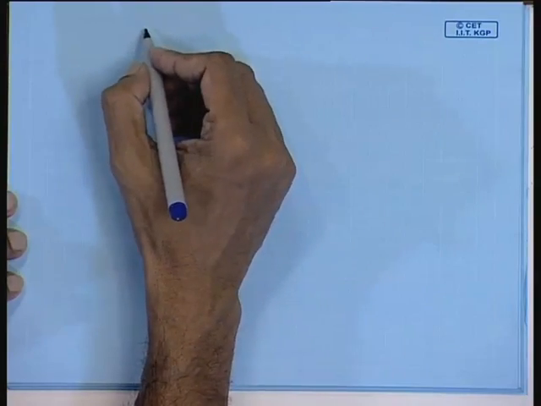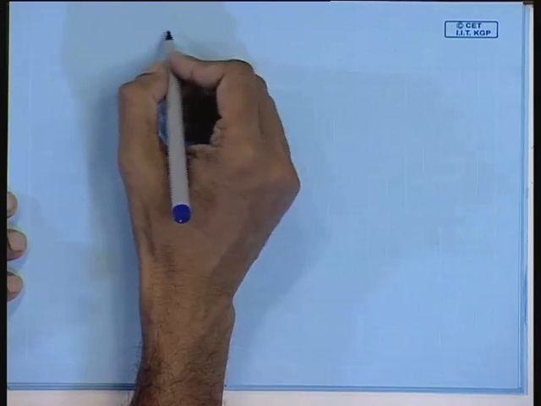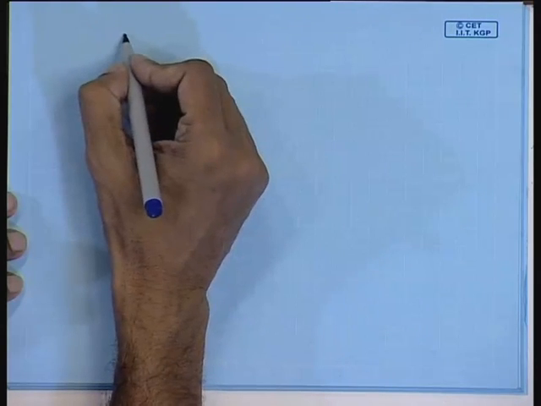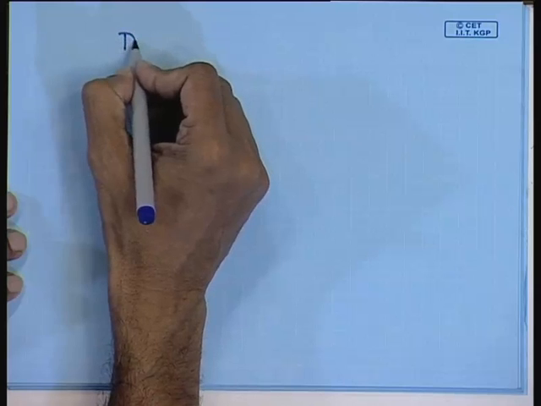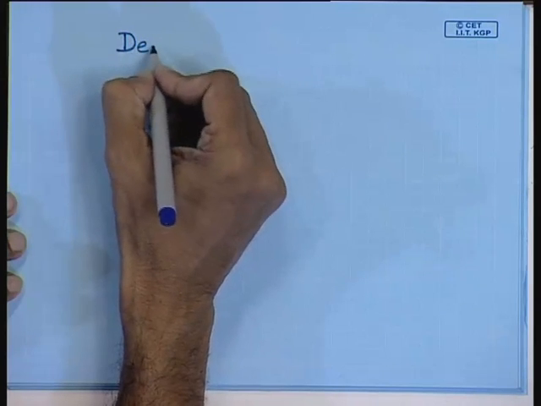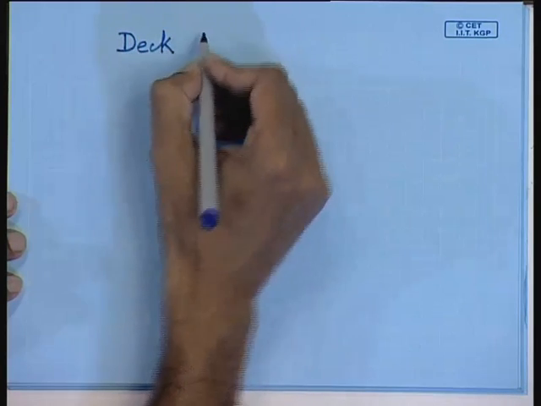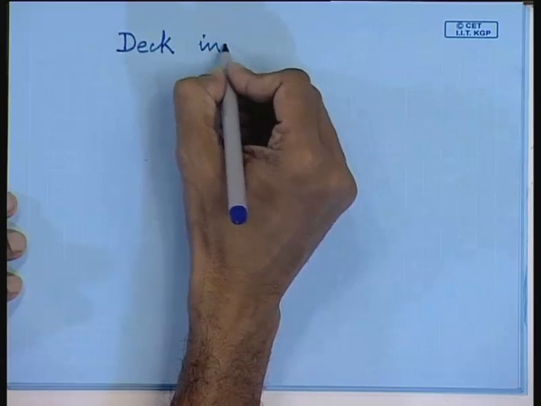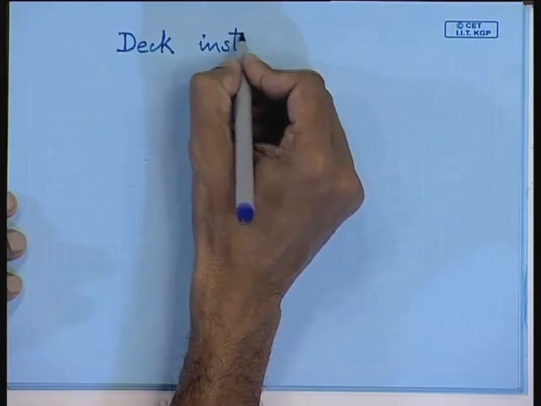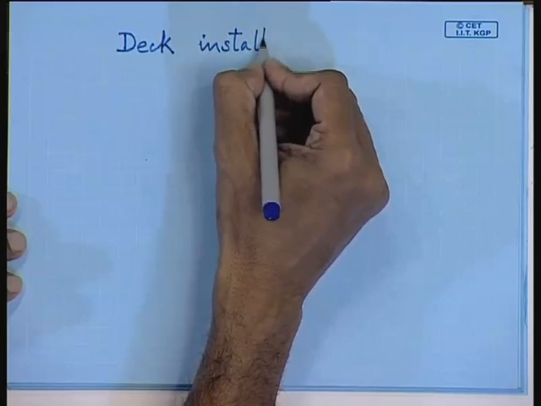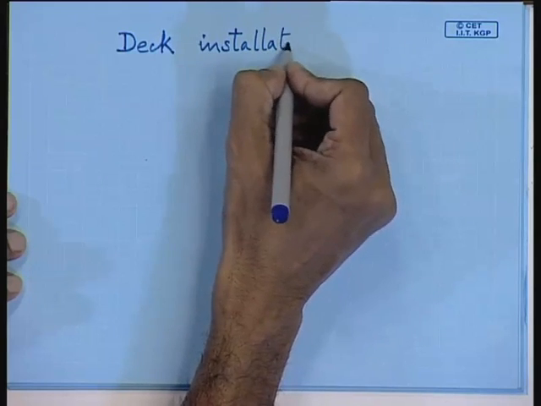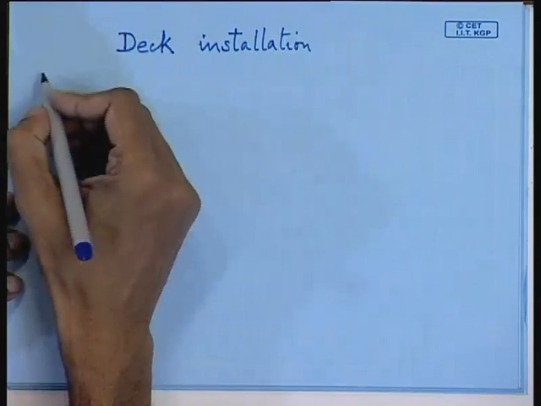And now, the other point to be remembered when you are designing a deck is deck installation. Now, there are actually two methods I have told you. Now, what are these two methods?